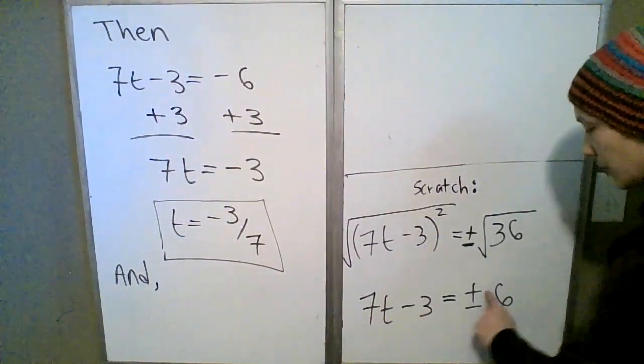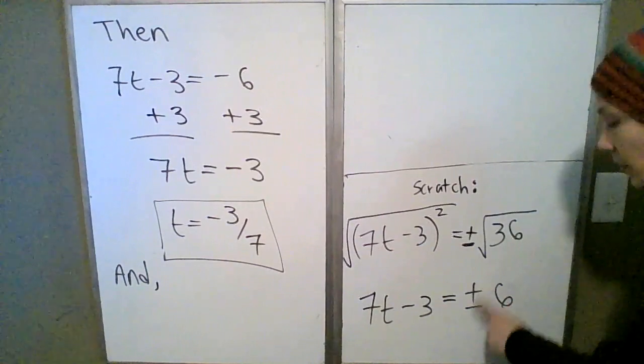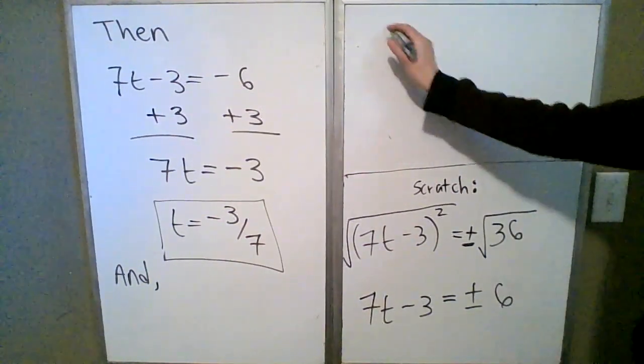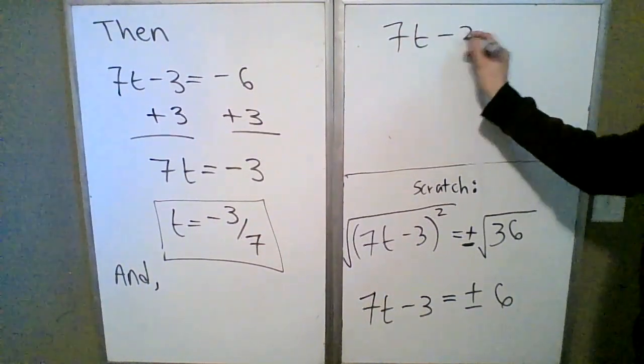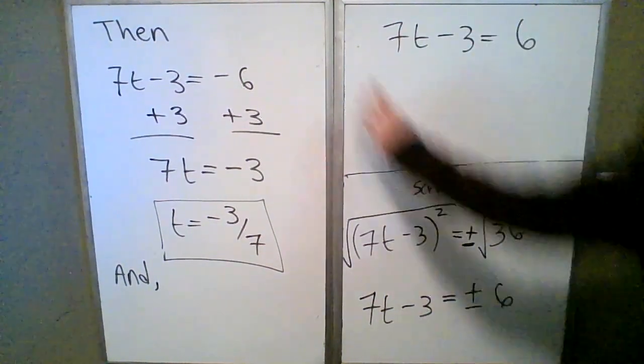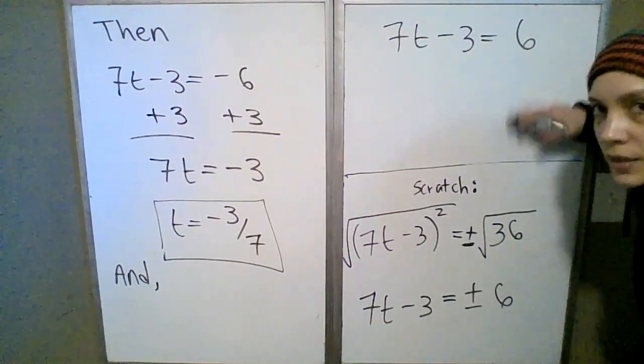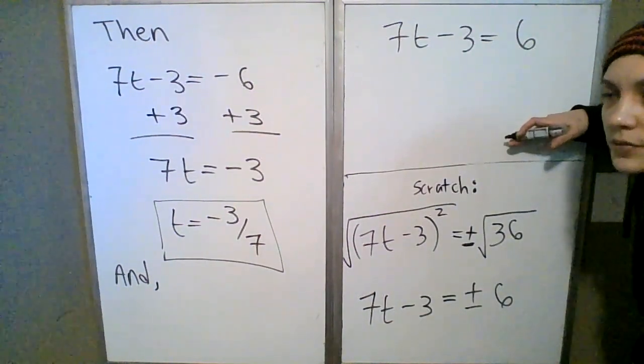So is this equal to the positive of 6? No, negative of 6. Now we do the positive of 6. We need 7t minus 3 equal to positive 6. And then the second equation, get that other solution for t.